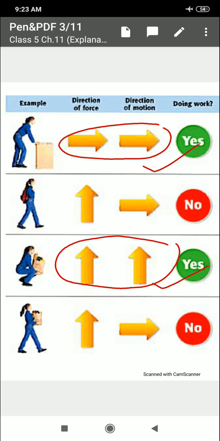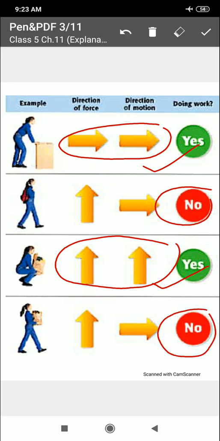So that means the object is moving in the direction of applied force. That means work is done. But in situation 2 and the 4th one, no work is done. Why? Because the movement or the motion is not in the same direction of applied force.